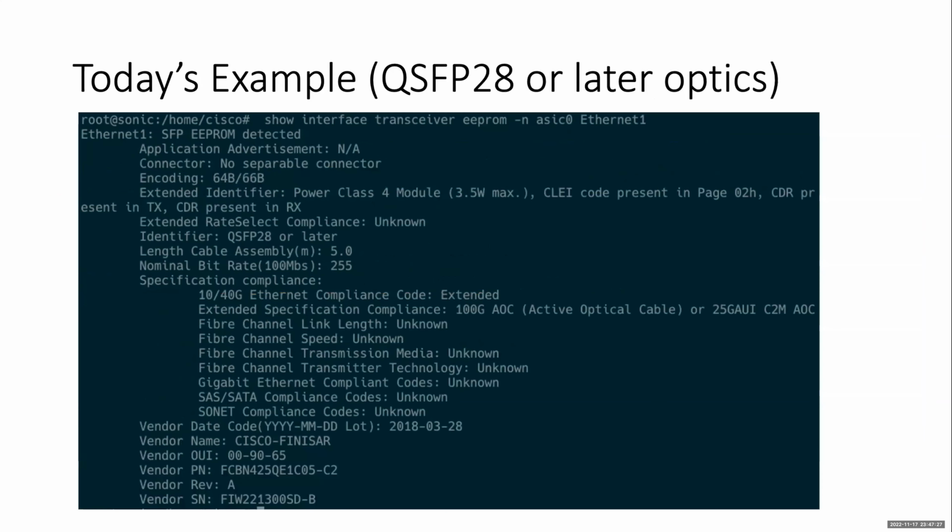Another example is for QSFP-28 optics. Here you also go to the same CLI, but you check the identifier. If it's QSFP-28, then you go to another section called specification compliance. Under that, you check the compliance code.